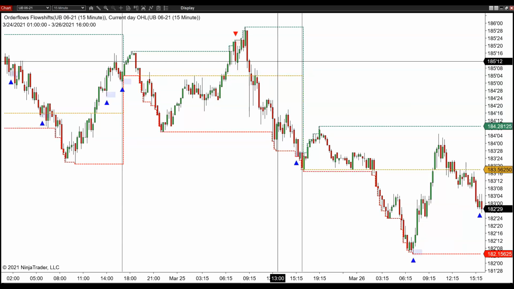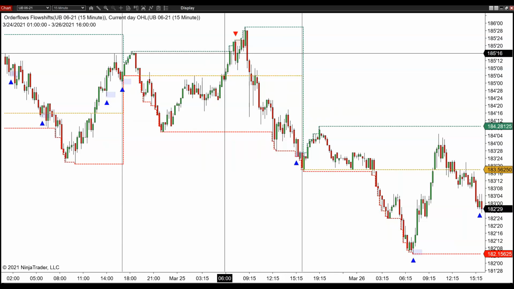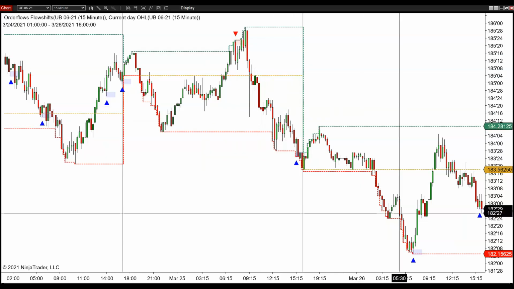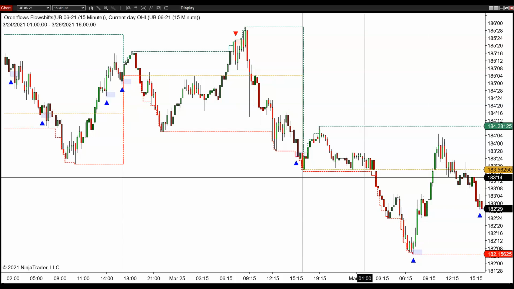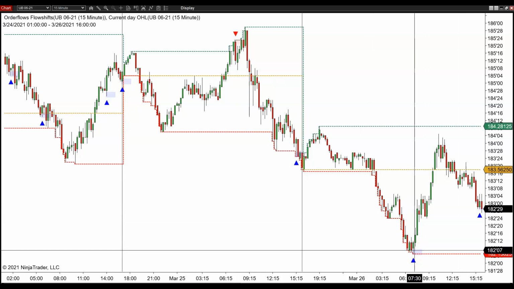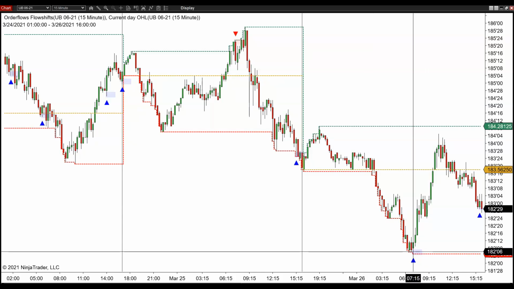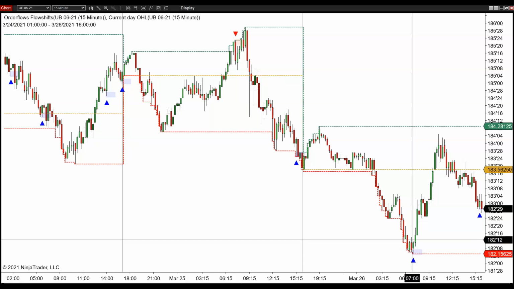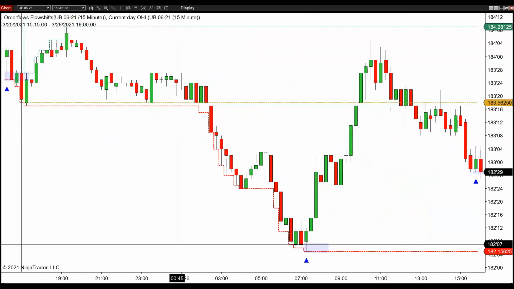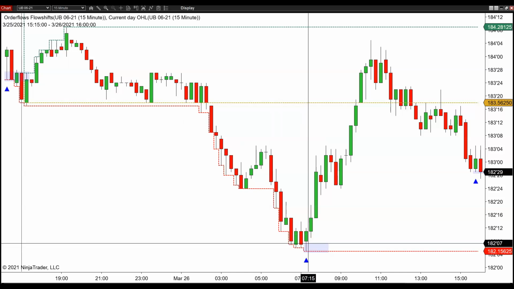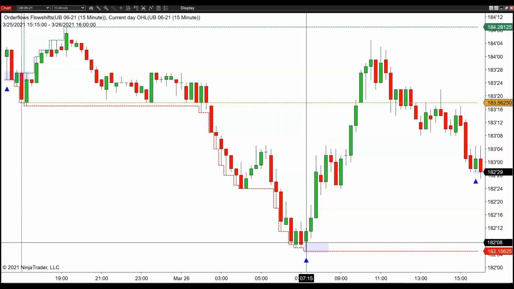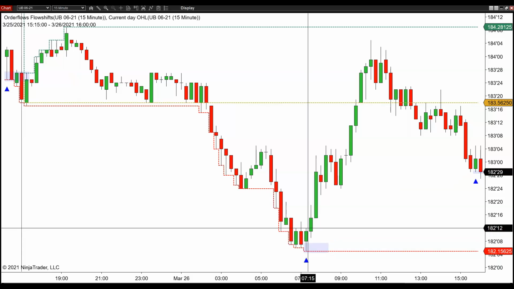So, are there signals? Yeah, there are some signals. There's a sell here, there's a buy here, there's a buy here. It's just one of those things where it could have happened. Chances are, like this signal here, it probably happened very early. It's a 15-minute chart, maybe the first 3 minutes, then you have to wait the next 12 minutes before taking the trade.